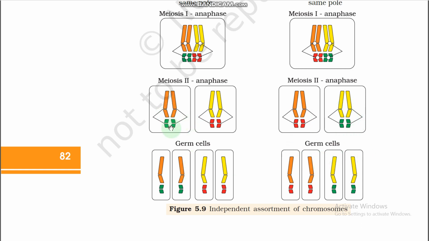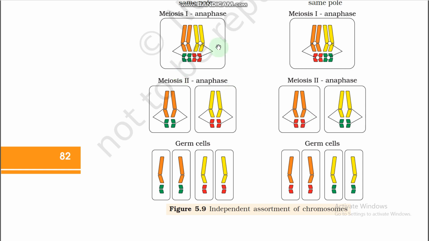So each chromosome here occurs in pairs. So each chromosome is independently allotted to a single cell. So this one here, this one here, this one here, this one here, right? And this one here, this one here, this one here, this one here. Do you remember the spermatogenesis process? From one primary spermatocyte, how many sperms are formed? 4 sperms are formed.